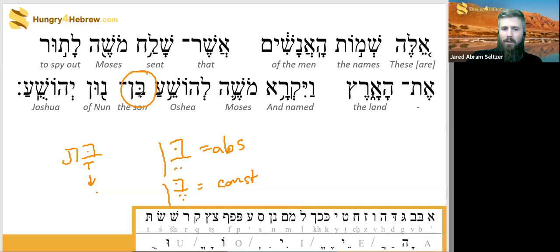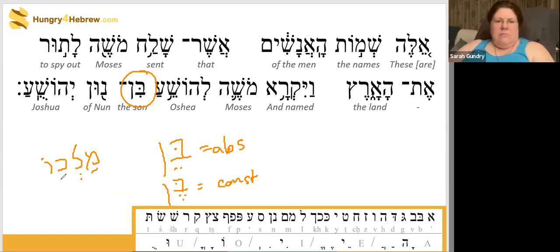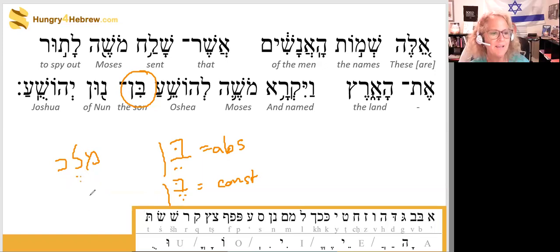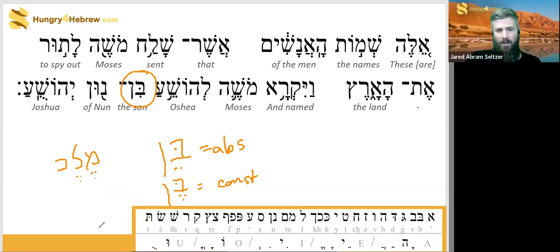Well, apparently that's something similar that happened with Ben. But then there's this other phenomenon in Hebrew that I've brought up to you guys over and over, and I'll continue to do it. Remember this one, Melech? This one also would have originally had two shvas at the end, which turned into a segol, which influences the preceding vowel with another segol. Segols are artificial.